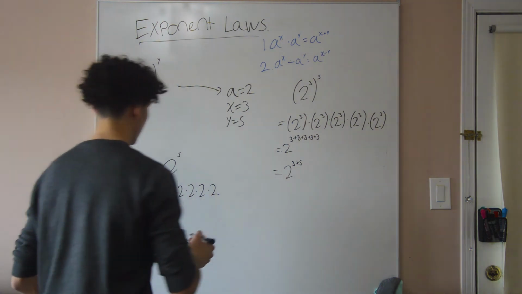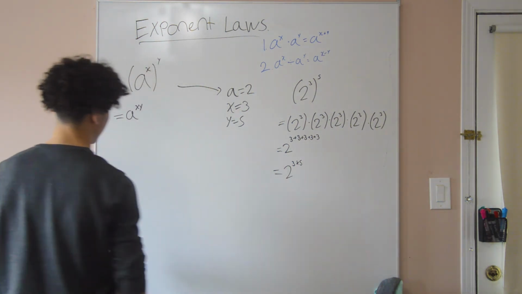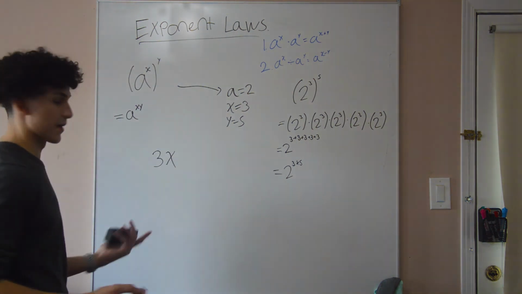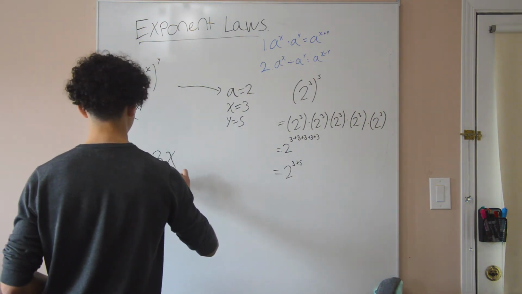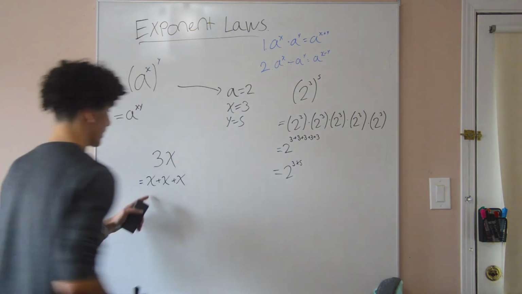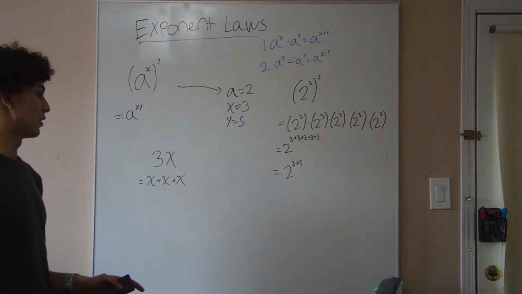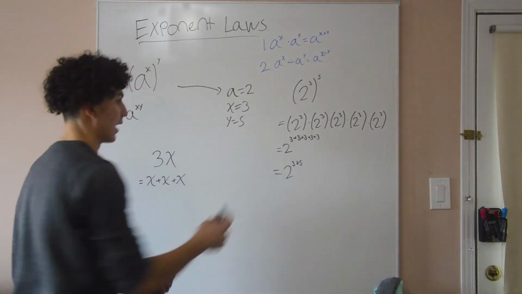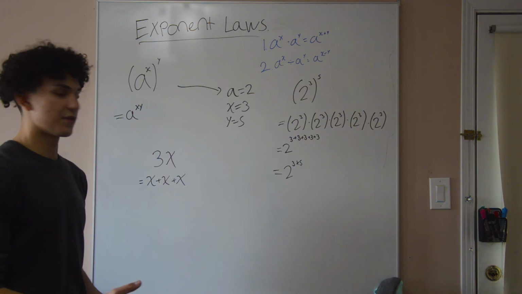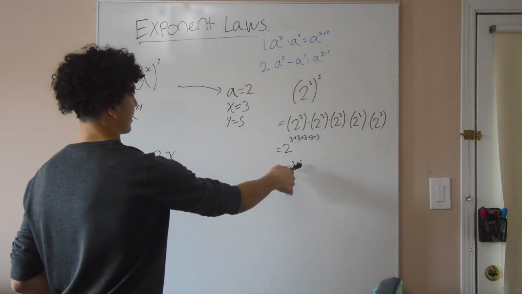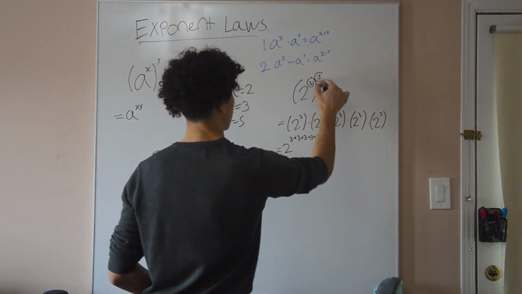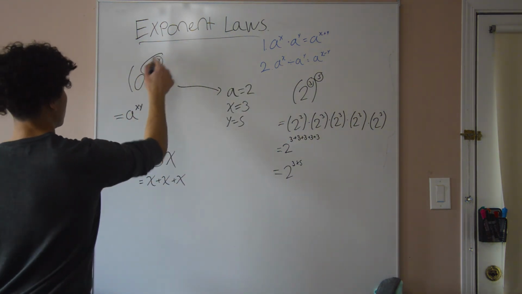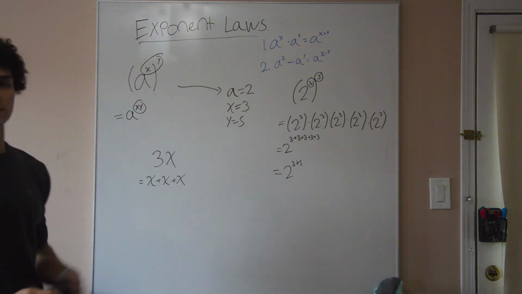Because multiplication, just a quick recap, is if I'm saying 3 times x, for example, I'm basically saying x is being added by itself 3 times. That's what 3x is, right? So we're basically saying 3 added by itself 5 times is 3 times 5. Well, if we look at this, 3 times 5, that's what our exponents are. And that's what goes back to the law, that we multiply the exponents.